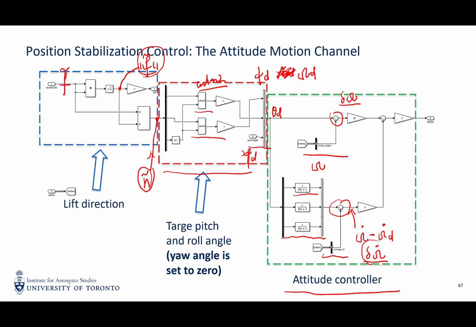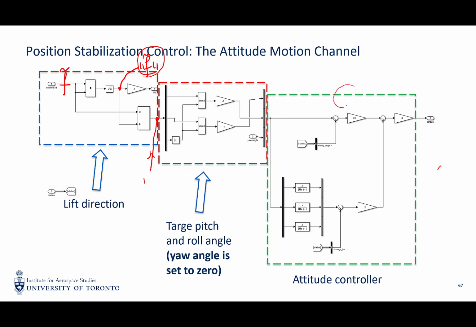So this is a speed feedback, and here is a position feedback. I would say position is at the desired attitude. This is your desired rate, the error of the rate feedback. Then we also use a KP and a KD, applied in the attitude channel. So we have a cascade structure, right?